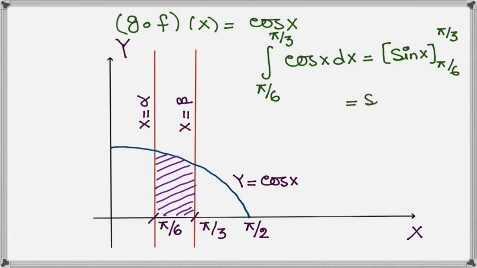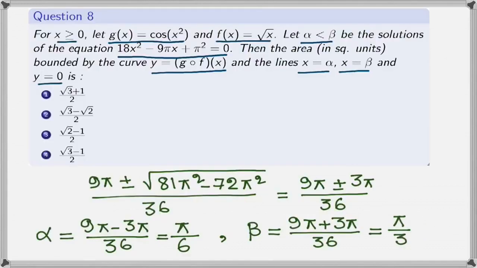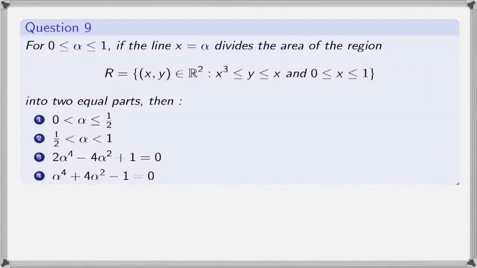And solving this, we obtain sine of pi by 3 minus sine of pi by 6, which is square root of 3 by 2 minus half. If we write it in a composite form, this is square root of 3 minus 1 divided by 2. Therefore, we see that here the fourth option is the correct answer.